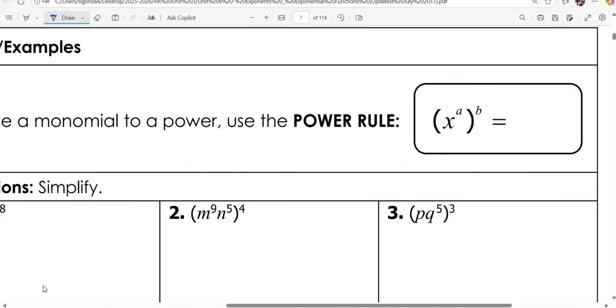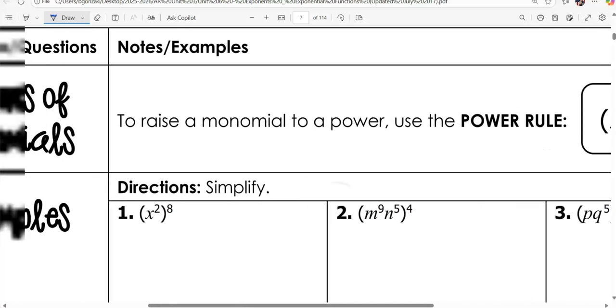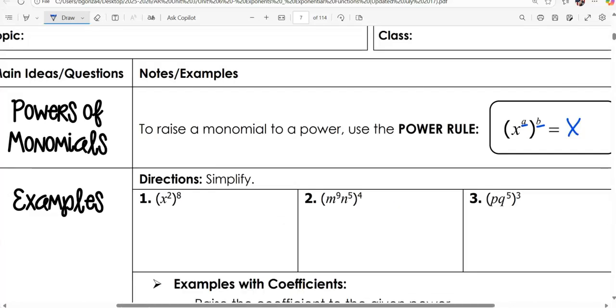There it is. You had it down earlier. All right, x to the power of a to the power of b. Now that we're on the right one here. Is everyone looking at power rule? If you're looking at quotient, you're on the wrong side. Power of monomials. Let me zoom out. My bad, dividing monomials. We're going to do dividing next. Just hold your horses.